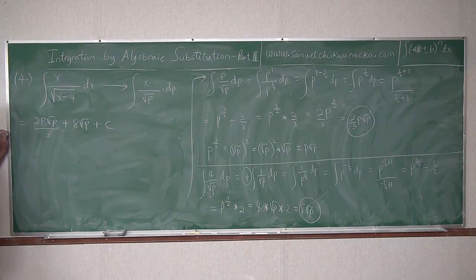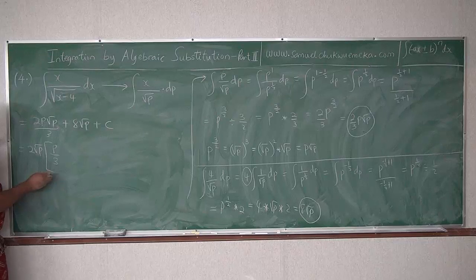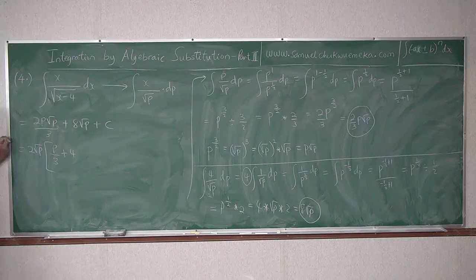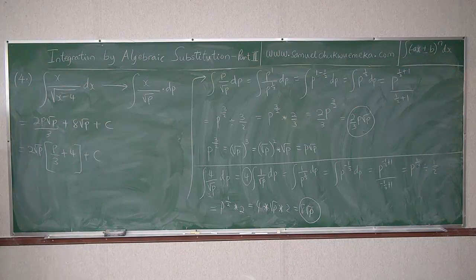Can we factor something out? Yes. We factor by the GCF, so 2 root p can come out, and we have p over 3 plus 4, plus c. The 4 over 1 is actually 12 over 3.